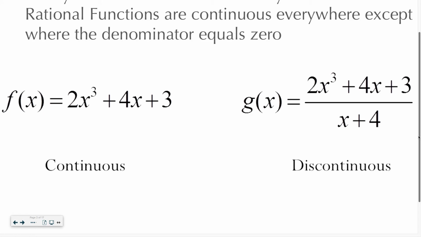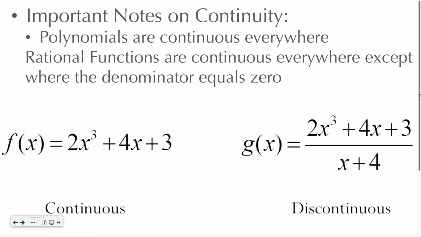Rational functions can't always be continuous. They are discontinuous wherever our denominator is 0. What are the two different things that could happen when the denominator of a rational function is 0? Graphically, two things could happen.